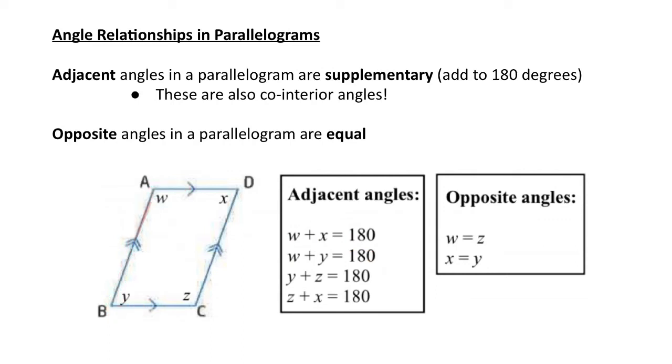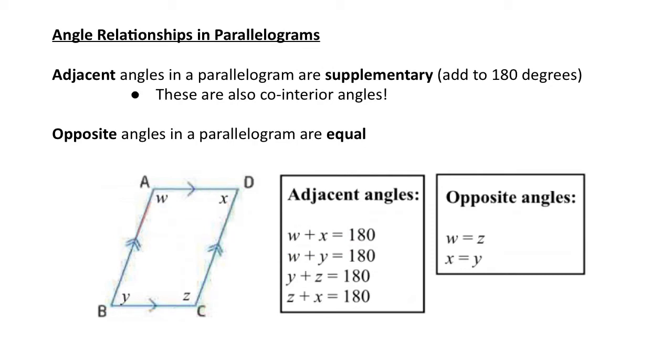There is another set of adjacent angles down on the bottom of our parallelogram between angle Y and angle Z. So again, if I add together angle Y plus angle Z, those angles are also supplementary and should add up to 180 degrees. And finally, we have another set between angles X and Z. So these two angles are also supplementary and will add up to 180 degrees.